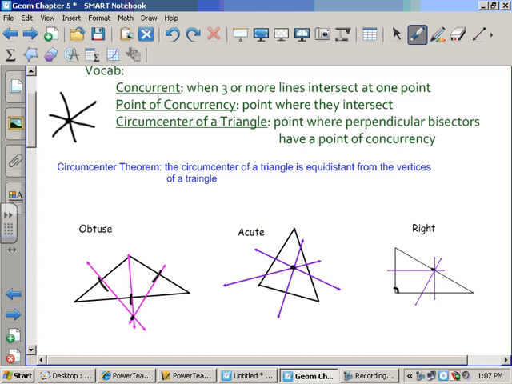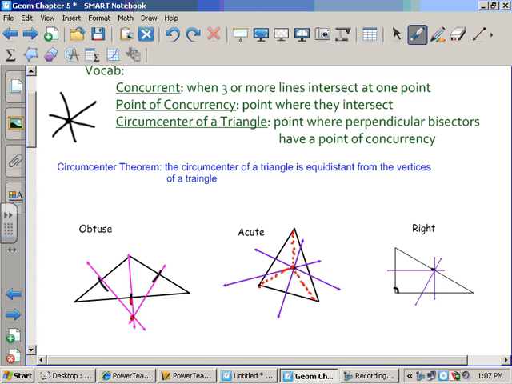Okay, and the nice thing, the couple characteristics of a point of concurrency when you have perpendicular bisectors. The distance from the circumcenter, this point of concurrency here, to each of the vertices, so these red lines here, are equal.